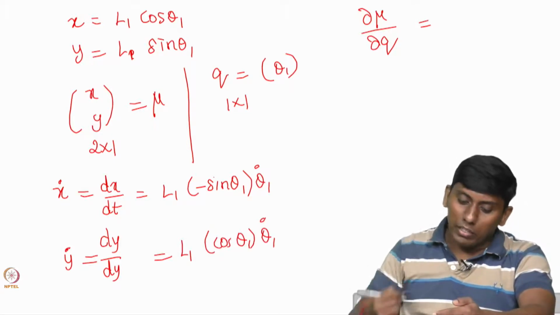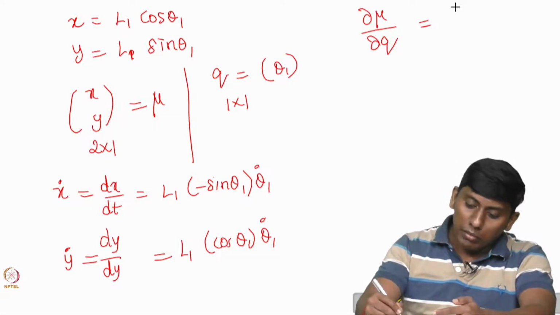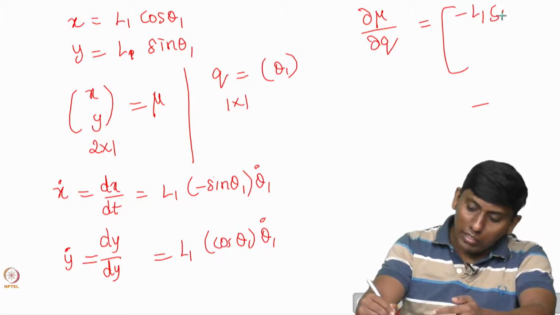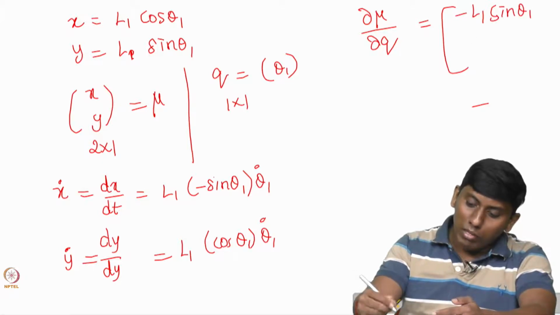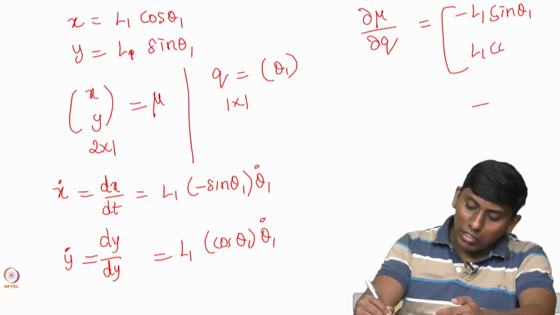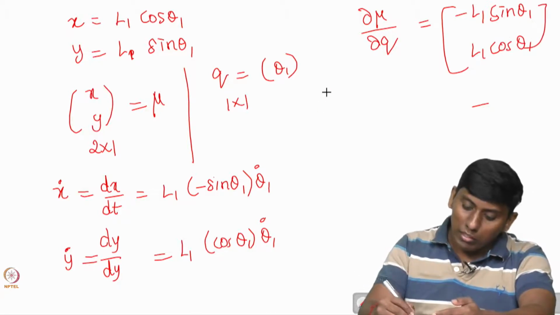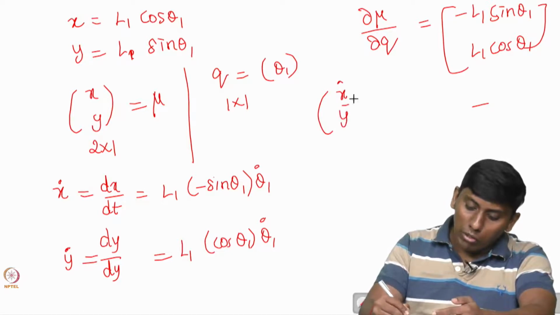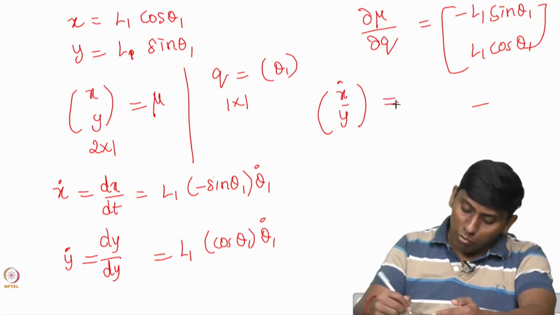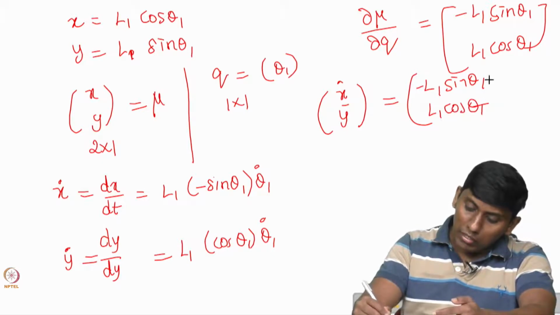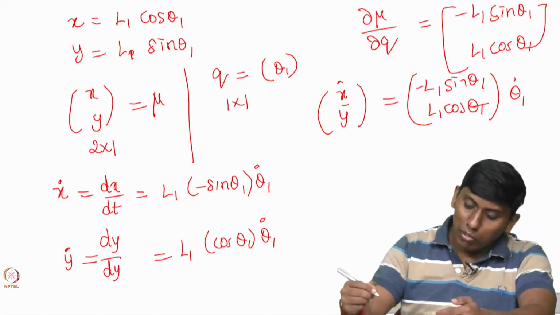If I take a partial derivative, what will come? It would be minus L1 sin theta 1, and L1 cos theta 1. Now you can see these two are the same. So x dot, y dot, you take to one side. So you see minus L1 sin theta 1, then L1 cos theta 1, this whole multiplied with theta 1 dot.